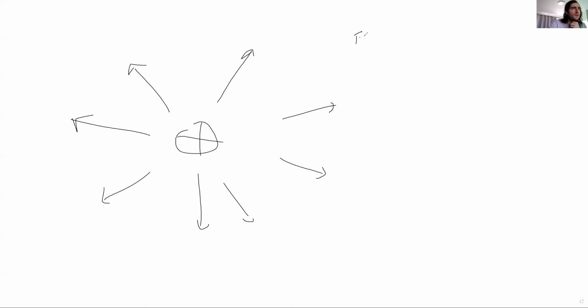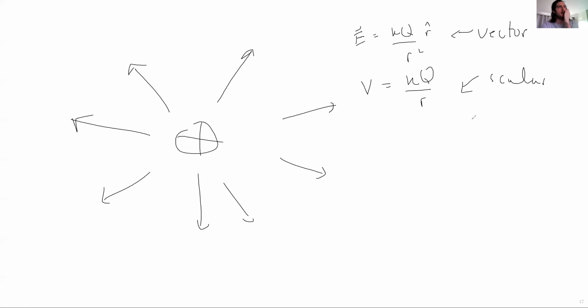Well, the electric field for this guy is kq over r squared r hat. Well, the potential is kq over r. It's a scalar. This is a scalar. This is a vector, right? And so we can see that the potential depends on r, and it's 0 as r goes to infinity.